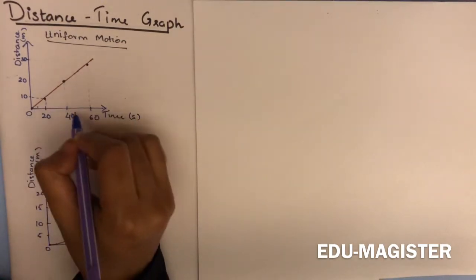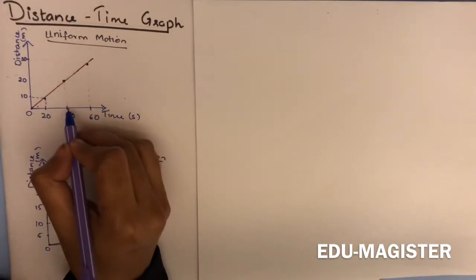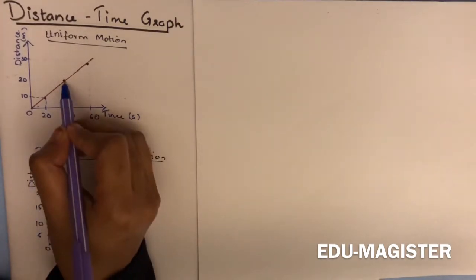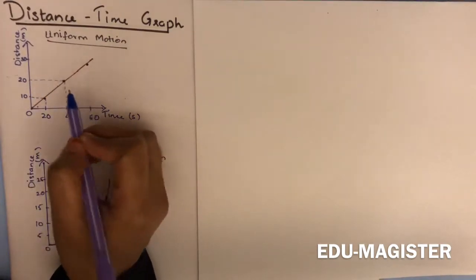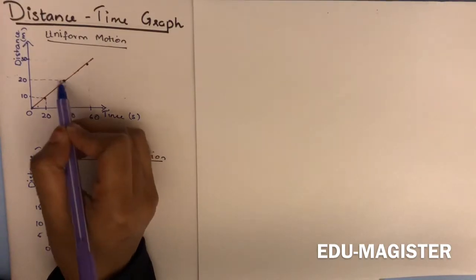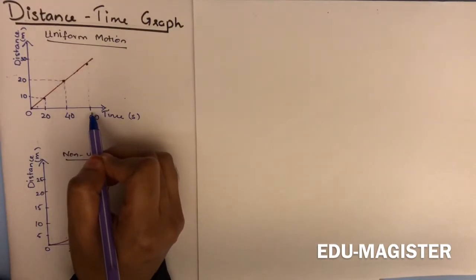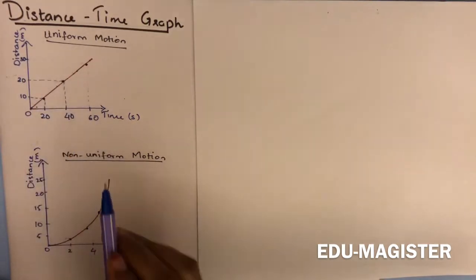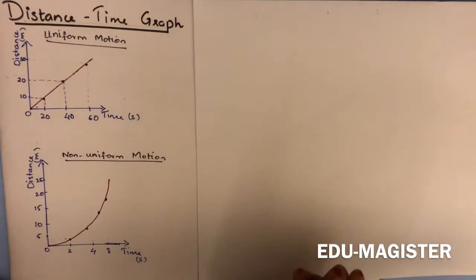And now in the next 20 seconds, that is in the 40th second, if I draw a perpendicular like this and extend it to the distance axis, you can see the object has covered 20 meters. Similarly, in the 60th second, the object has covered 30 meters. So, here the object is covering equal distance, that is 10 meters in each 20 seconds.